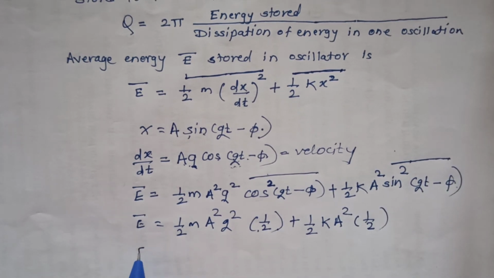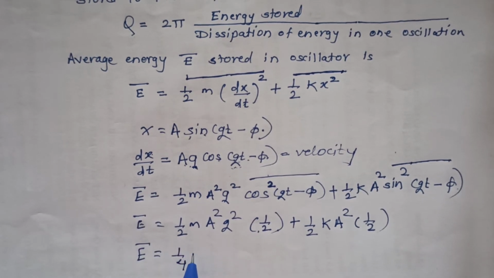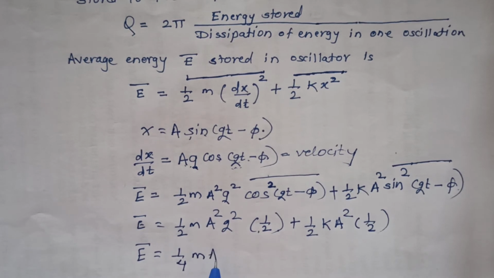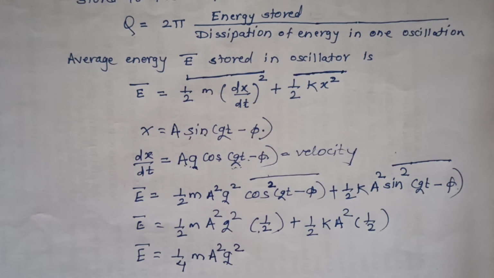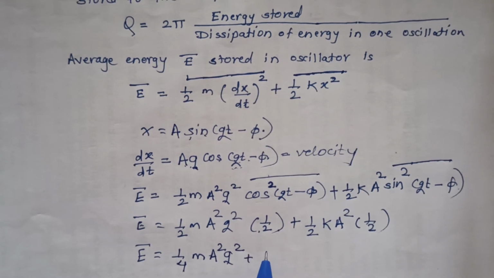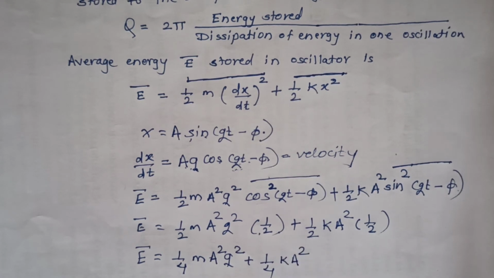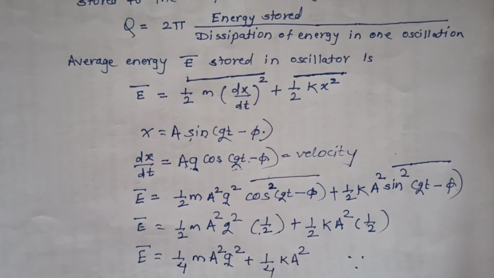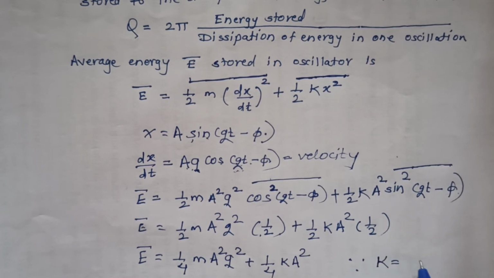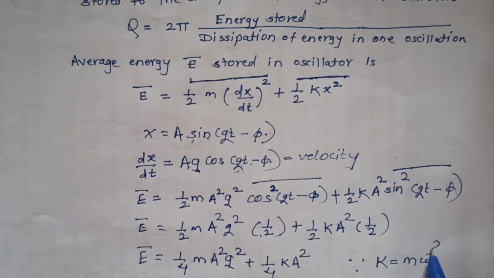Further we get E bar is equal to 1/4 m a^2 q^2 plus 1/4 k a^2, where k is m omega^2. Put the value of k, that is m omega^2.